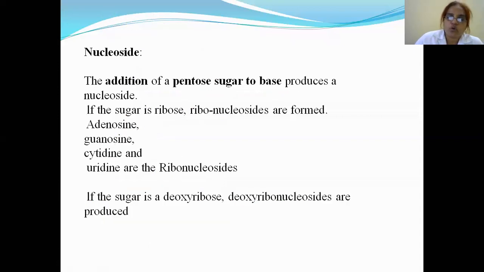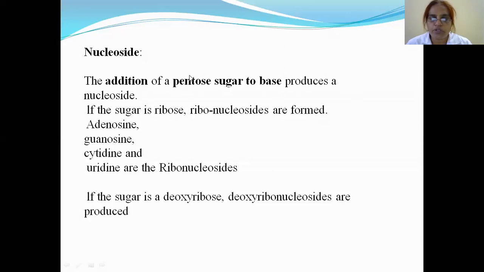Now see what a nucleoside is. A nucleoside consists of two molecules, that is sugar and base. The addition of pentose sugar to a base produces a nucleoside.